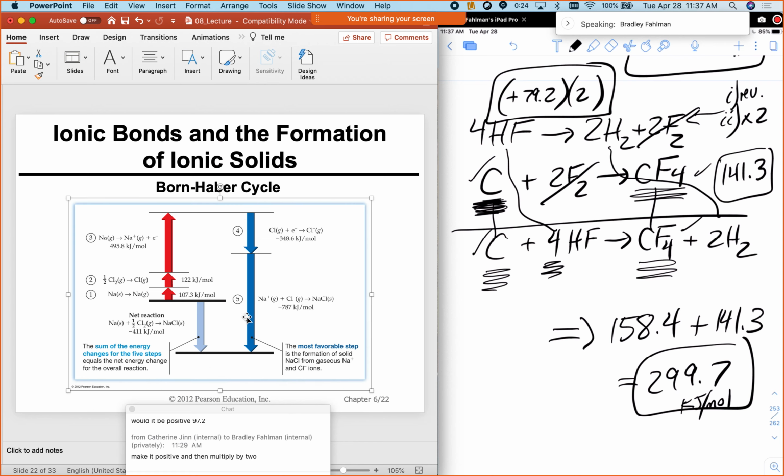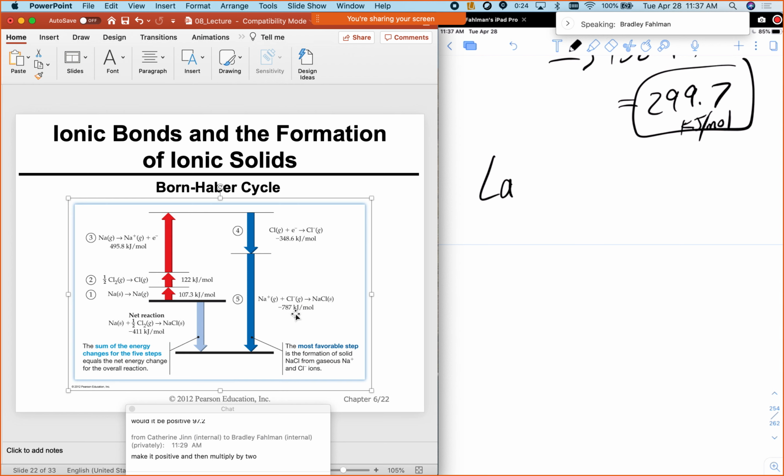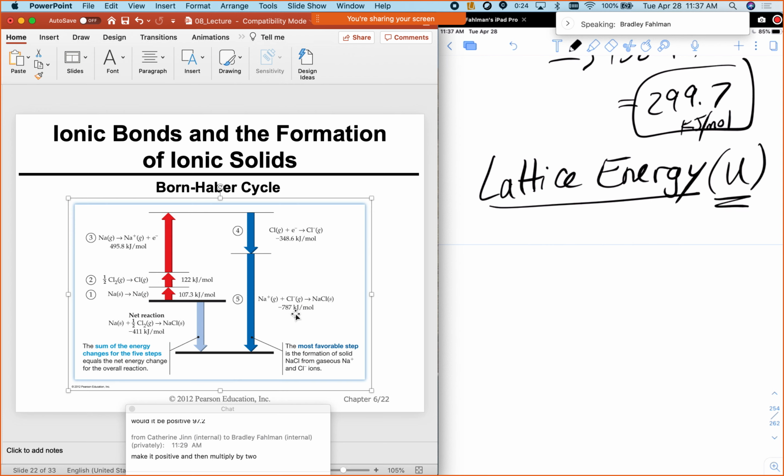In this case you can see the biggest release of energy is where you actually put the ions together. So this is sodium plus combining with Cl minus to give you the solid. That releases 787 kilojoules per mole. That's called the lattice energy, or U. Don't ask me why they give it a symbol of U here, but that's usually the most energetically favorable part of forming a salt.